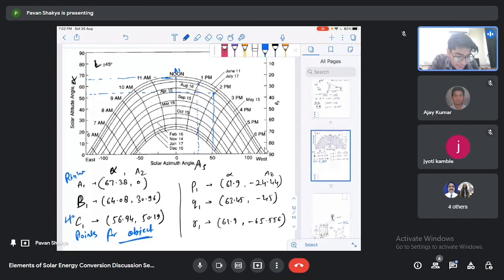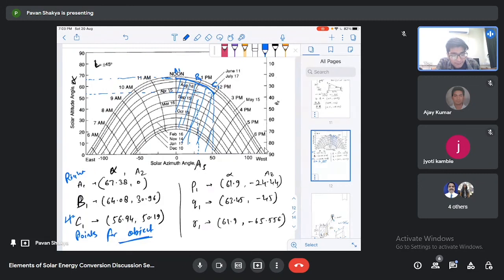So if we connect these points, that is A1, B1 and C1, then you will find that this area falling below this curve A1, B1, C1, for this portion or this time, this PV panel will be shaded.